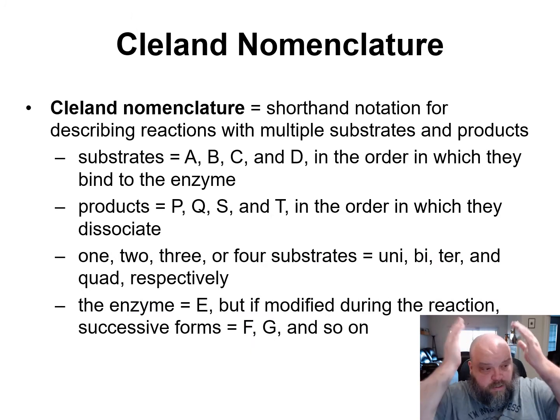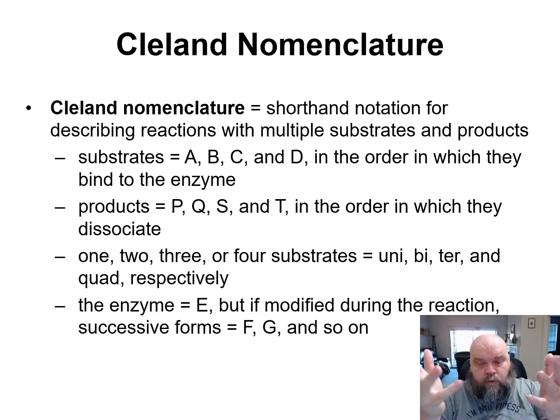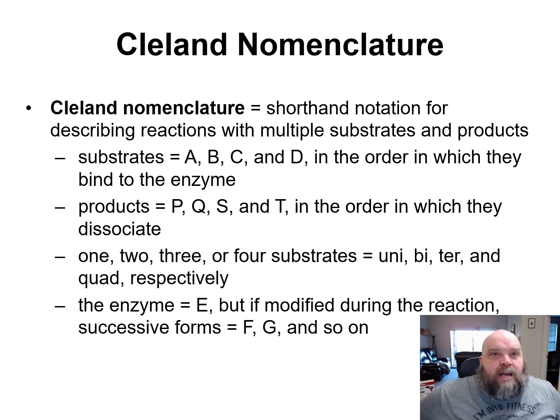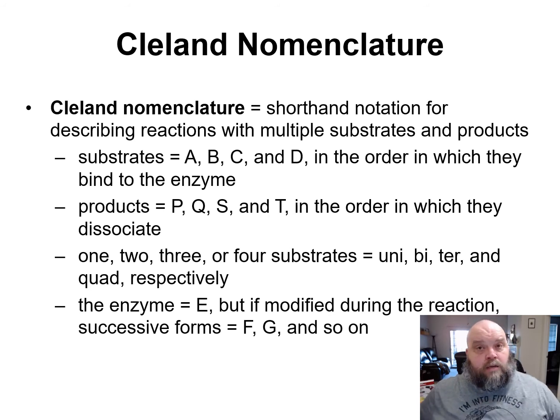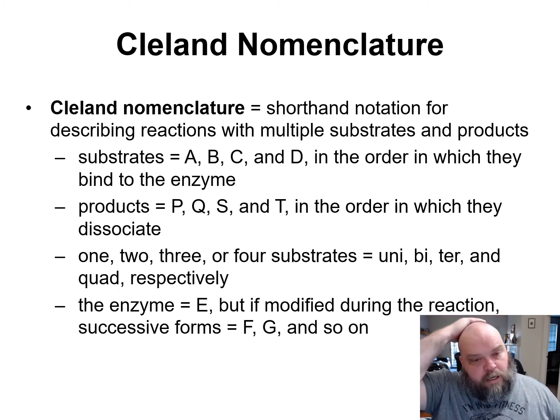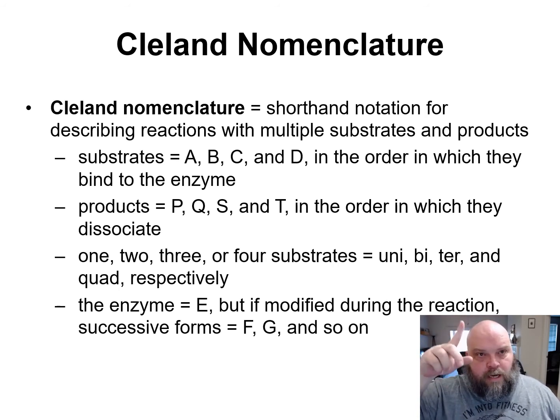So because of this, we got to have nomenclature. We got to have a means of discussing these things. So they call this the Cleland nomenclature. It's a shorthand notation. You have different substrates, A, B, C, D. Okay, it's much easier than saying substrate S1, S2, S3, S4, whatever.